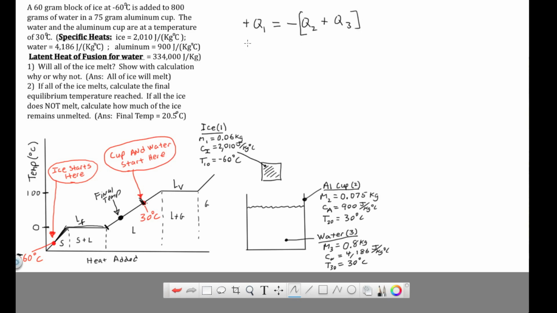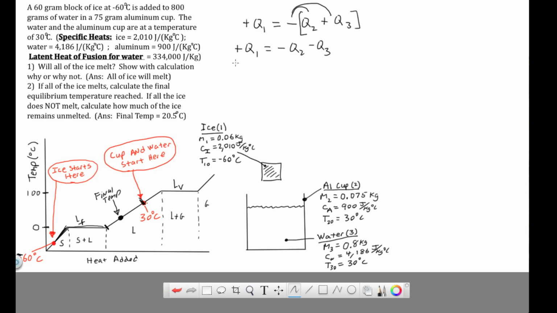Okay, so probably the nicer way to put this is heat gained by object 1, the ice, is equal to negative Q2 minus Q3. So that way we just distribute this negative here. So the minus here just indicates that it's a heat loss. The aluminum cup and the water are both losing heat.